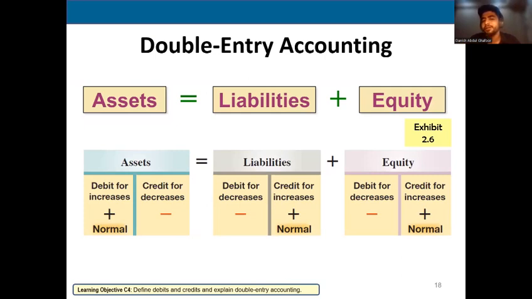Normal is the usual balance of the account. Assets will always be on the debit side. You can't find the remaining account balance, the end balance, on the credit side. End balance will always be on the left side. For equity, debit for decreases, credit for increases, same as we already discussed for liabilities.